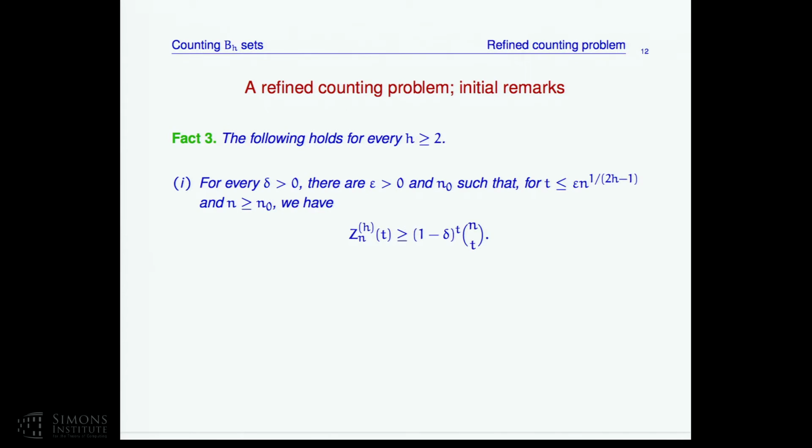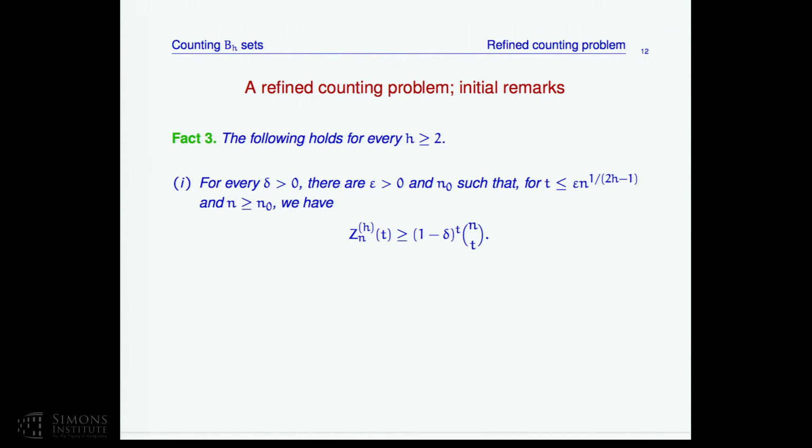In that case, the number of B_h sets is at least (1 minus delta) to the t times n choose t. Of course, n choose t is all you could have, and a fraction of (1 minus delta) to the t of them are actually B_h sets. So what is the quantification? You can specify any delta.